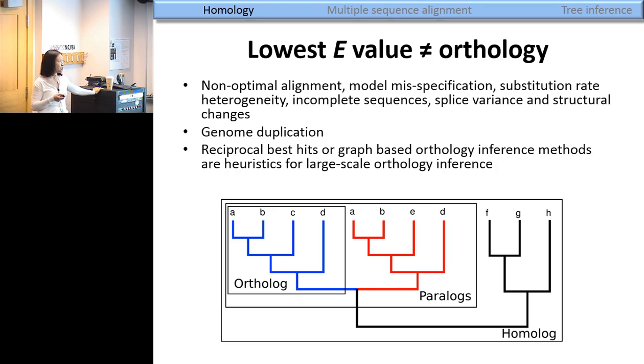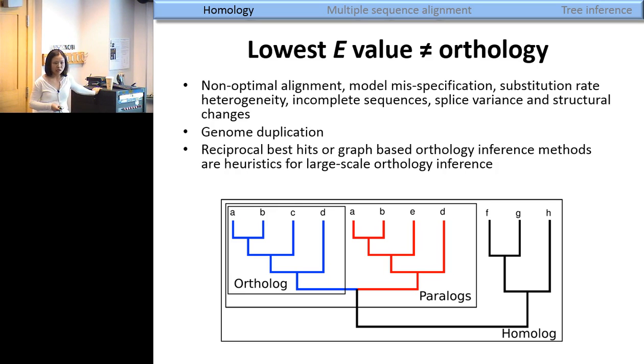And you could have incomplete sequences from a misannotated genome sometimes. You actually see it a lot, surprisingly. Splice variants, and each splice variant can give you a different E-value. Or you can have structural changes. The conserved motif might repeat 5 times, 7 times, and domain shuffling. All those things can throw off your E-values.